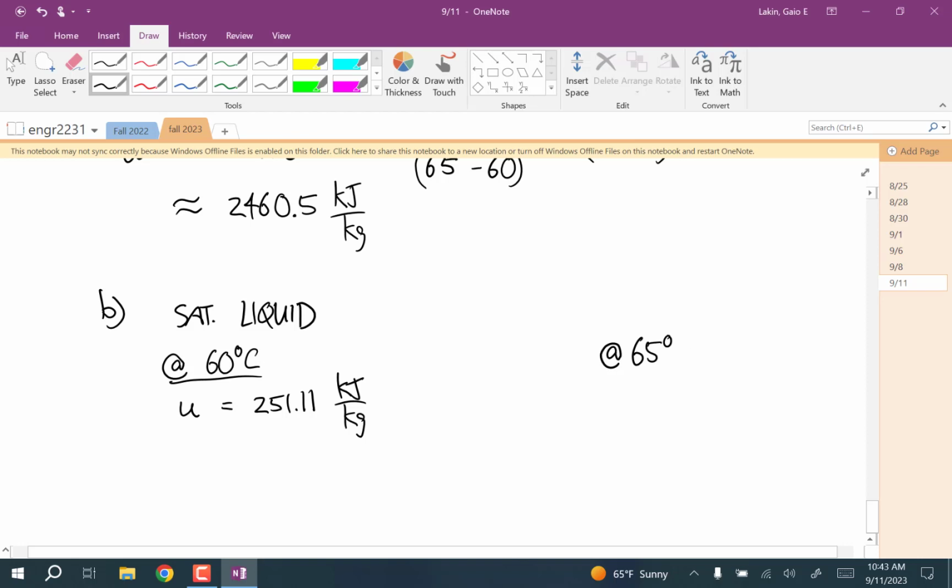At 65 degrees Celsius, we have 272.02 kilojoules per kilogram.